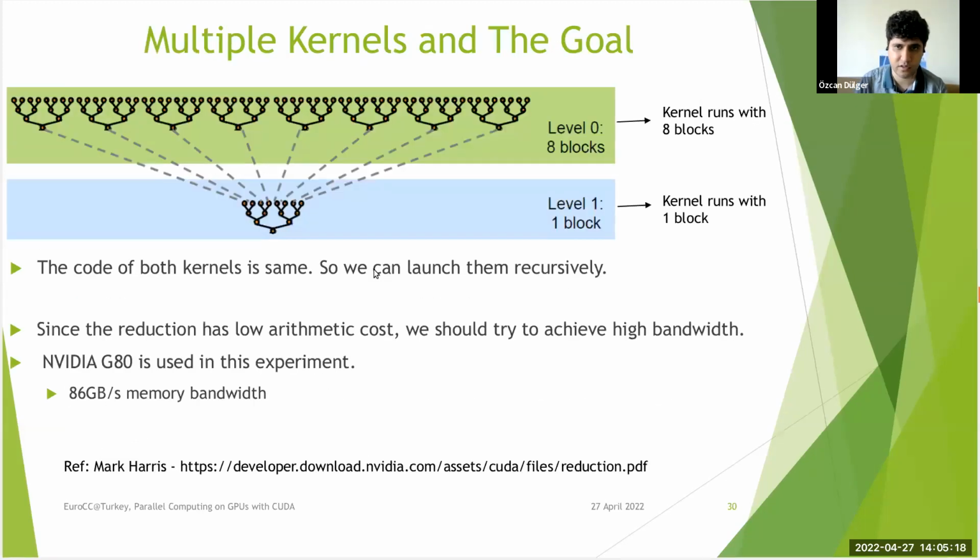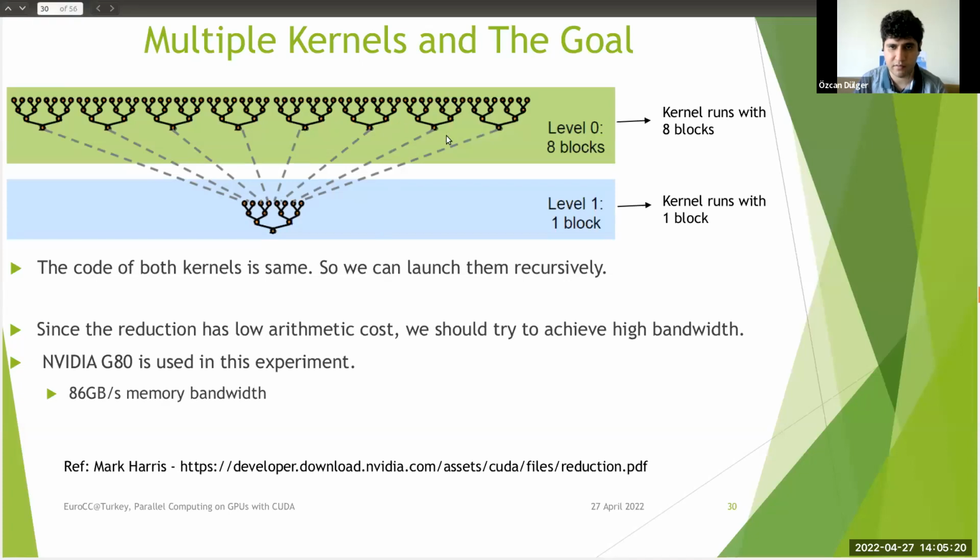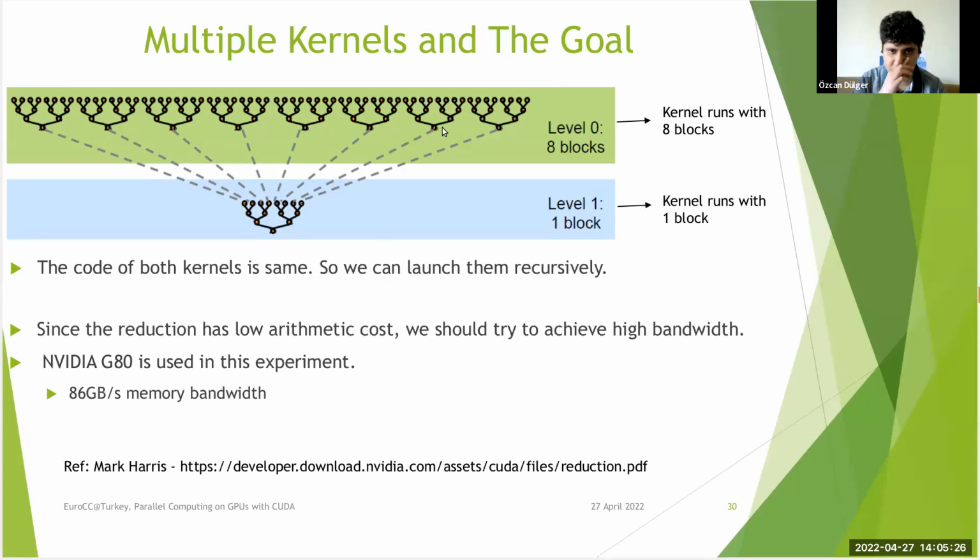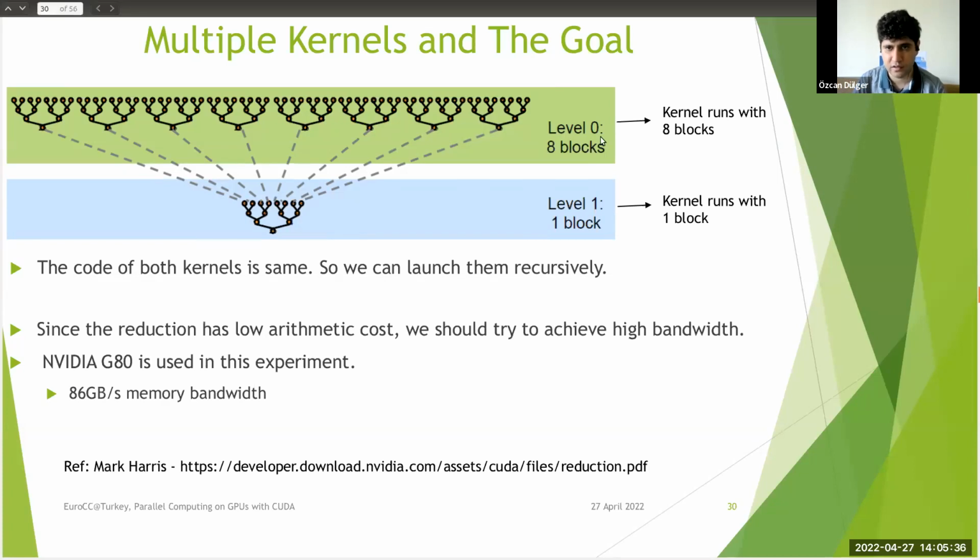Here is an illustration. We call two kernels here. The first one is given with green. The second kernel run is given with blue. In the first kernel run, you see that 8 blocks run here.